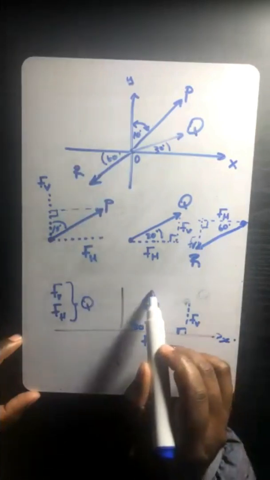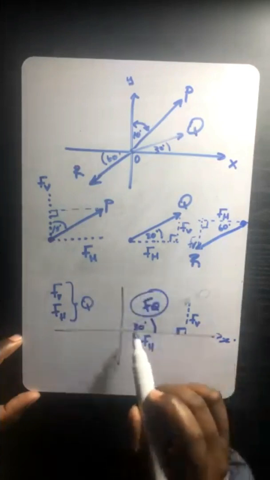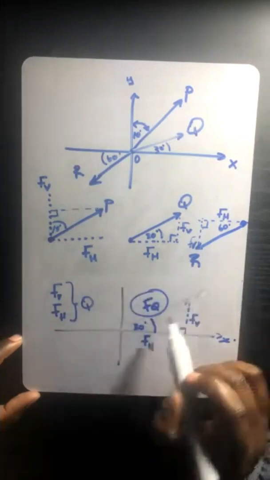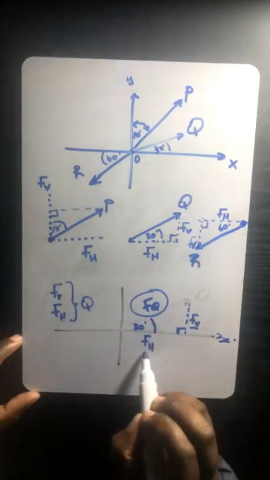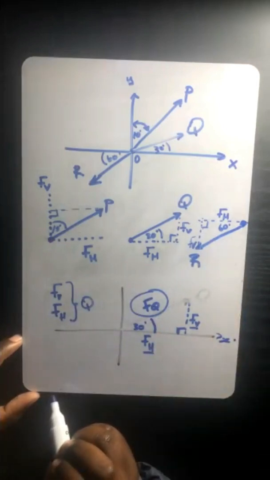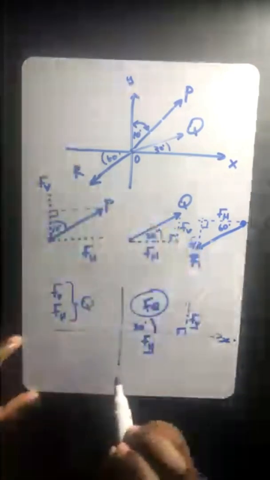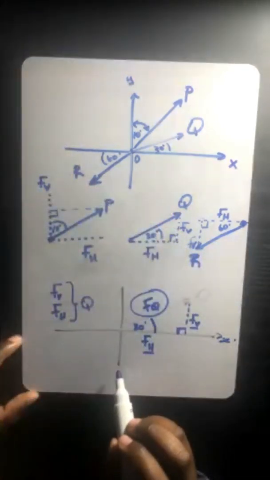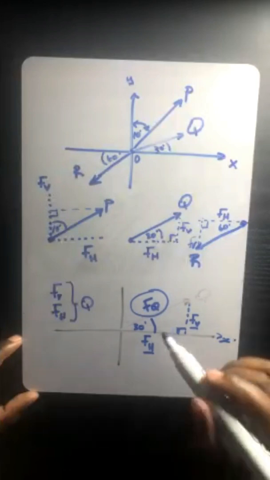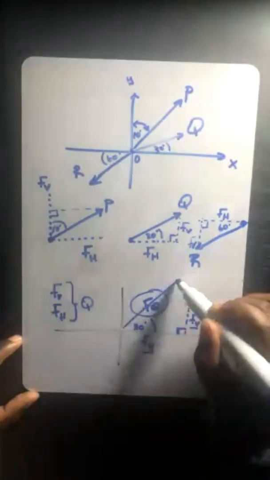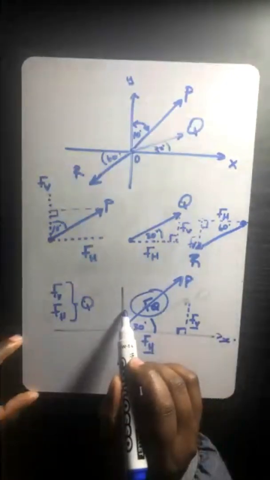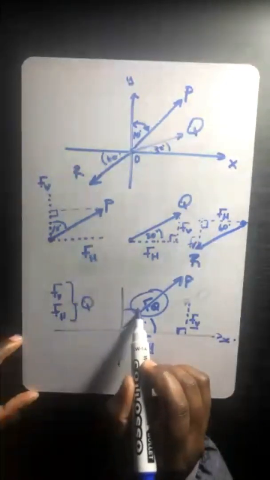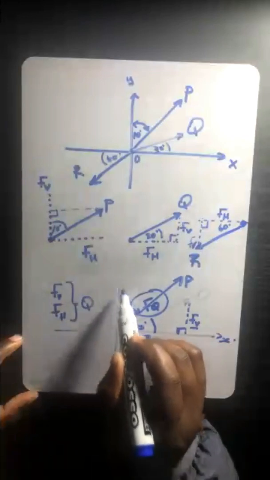So when you have one force being the hypotenuse, this force has two components, the vertical component and the horizontal component, just like we explained with the one for P. But something interesting about P is that you can see the angle is actually measured about the y-axis, being 10 degrees about the y-axis.